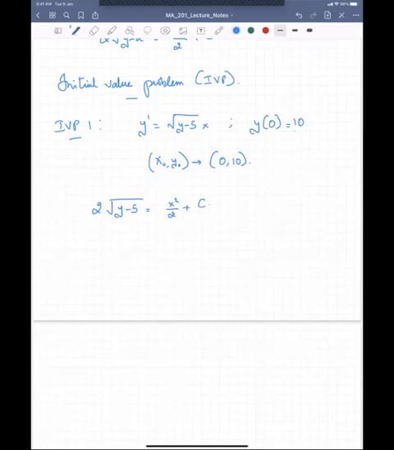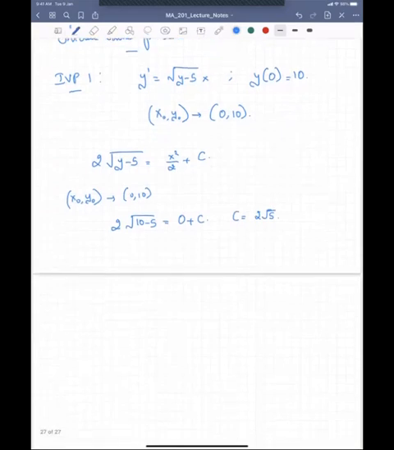If that is the case, then x0, y0 is for me 0, comma 10. Plugging this in, I have 2 times square root of 10 minus 5 equals 0 plus c. And this fixes my c. So c is basically 2 square root of 5. That's it, done. So this is how you solve this particular equation.